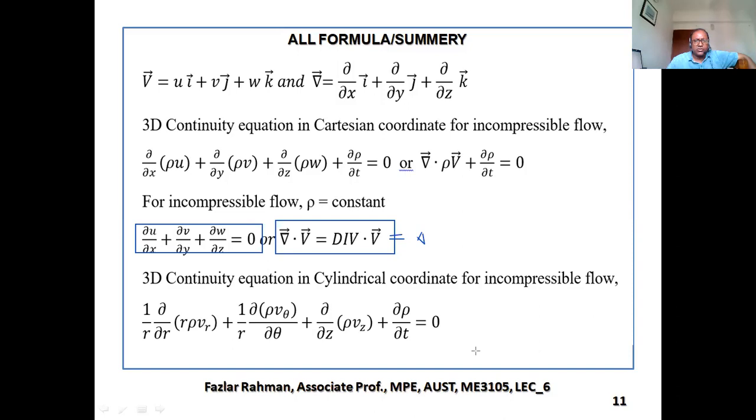And the continuity equation in cylindrical coordinates, you just remember the equation, memorize it, and you need to know what is the VR, what is the V theta, what is the VZ, what is the rho, and what is the R. Okay.